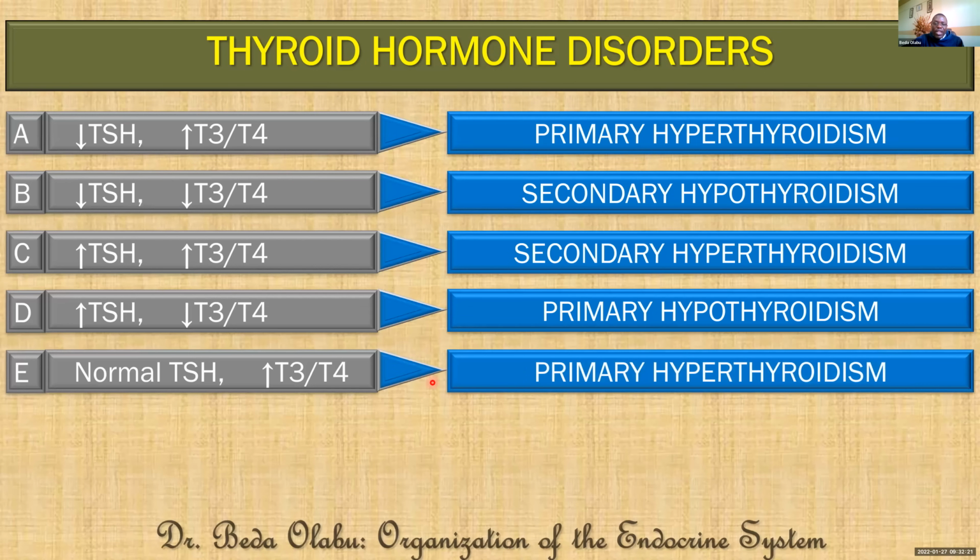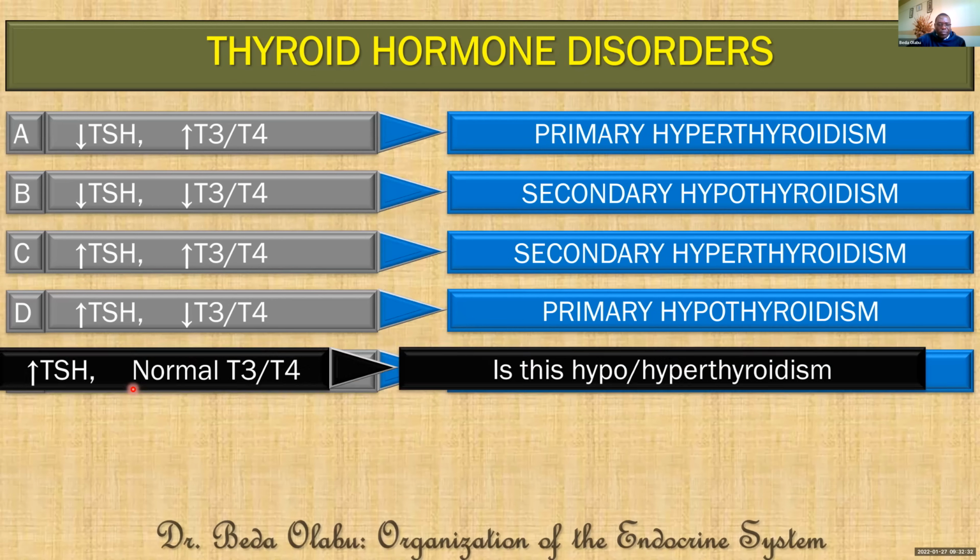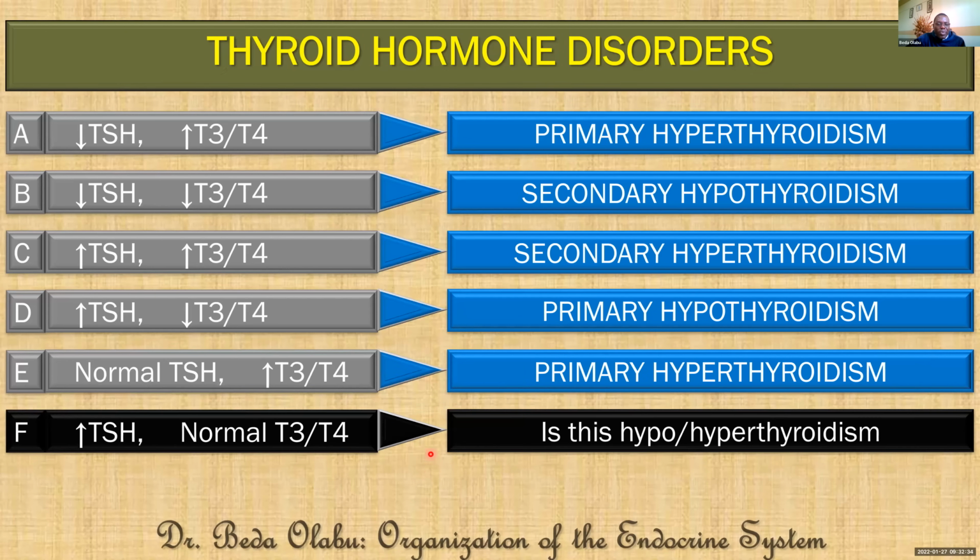So that is primary hyperthyroidism. The gland is intrinsically hyperactive, even with normal TSH levels. There's another one. The last patient there. Again, think about it. Is it hypothyroidism or hyperthyroidism?